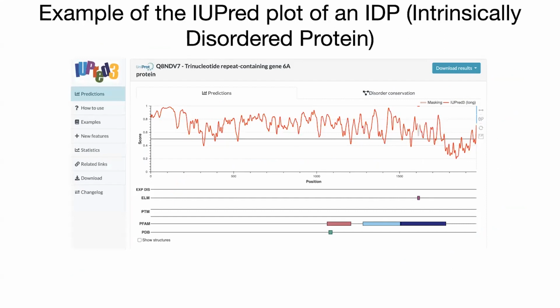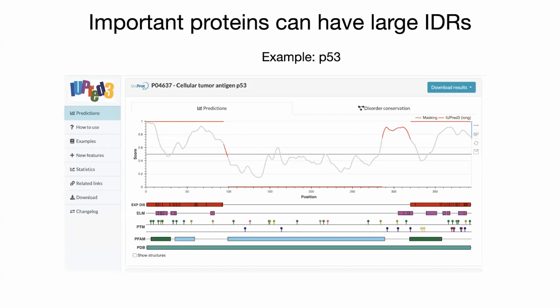So that was an example of a protein that is basically disordered over most of its length. But important proteins can have large IDRs without themselves being IDPs. An example of this is P53. P53 is one of those proteins that's really highly mutated in a lot of different cancers.